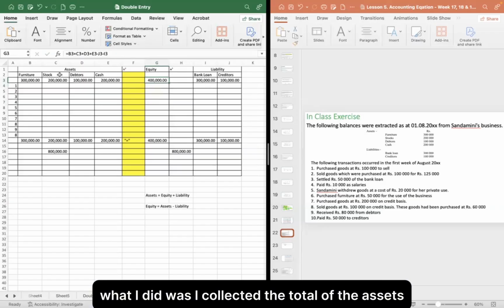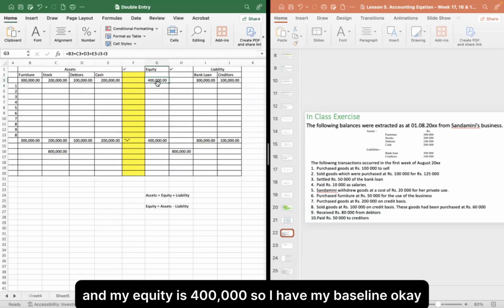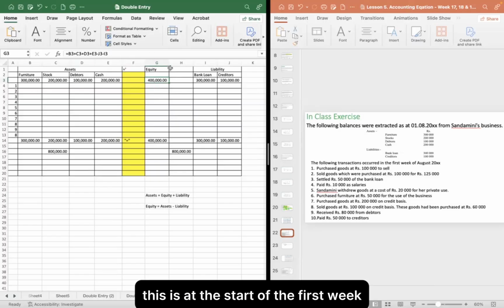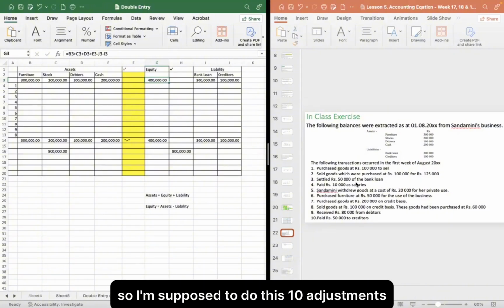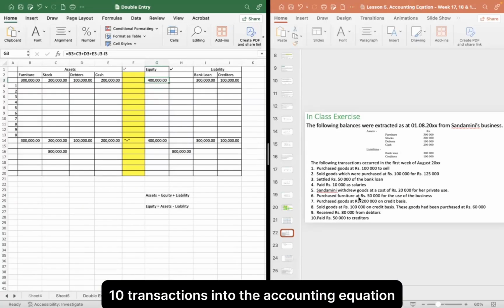What I did was I collected the total of the assets, which is 800,000, and I reduced 400,000 out of that, and my equity is 400,000. So I have my baseline. This is the situation at the start of the first week. So I am supposed to enter these 10 transactions into the accounting equation. Take a couple of minutes and try this out.